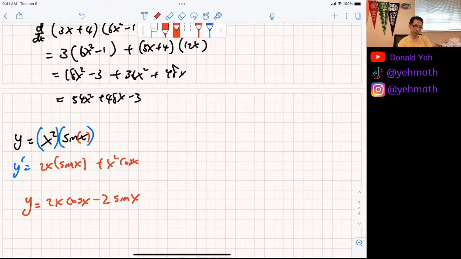Anybody can tell me where the product rule is located? Yeah, that's the only part that has a product rule. This one is a product rule because there are two functions multiplying each other. The second one is not 2x sine of x, it's actually 2 sine of x. This is actually called a constant multiple rule.